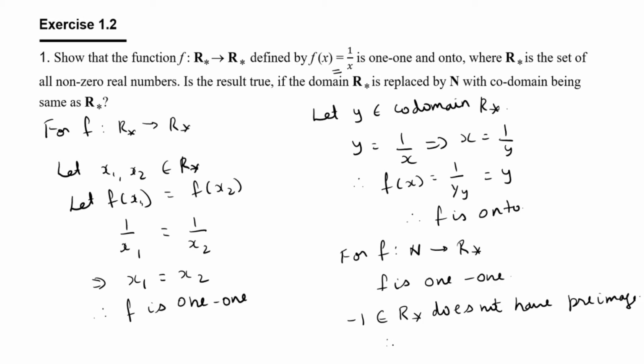So therefore, f is not onto. So here, when the function f is from the set of all non-zero real numbers to the set of all non-zero real numbers given by f of x is equal to 1 by x, it is 1 to 1 and onto. If the function f is from the set N of natural numbers to the set of non-zero real numbers, then f is 1 to 1, but it is not onto.